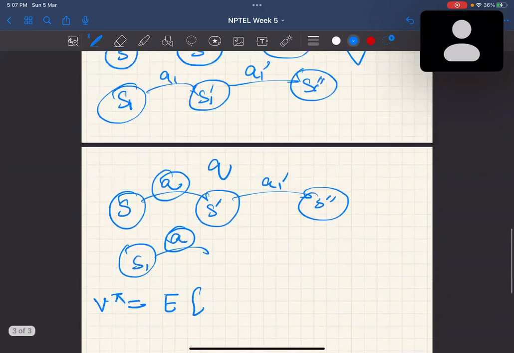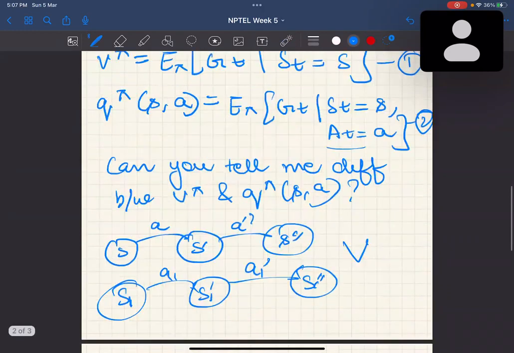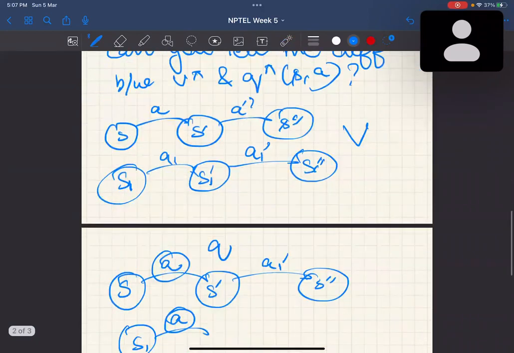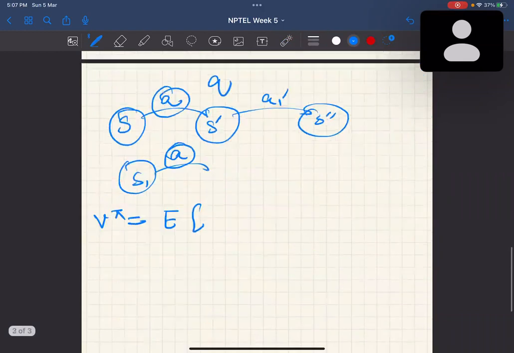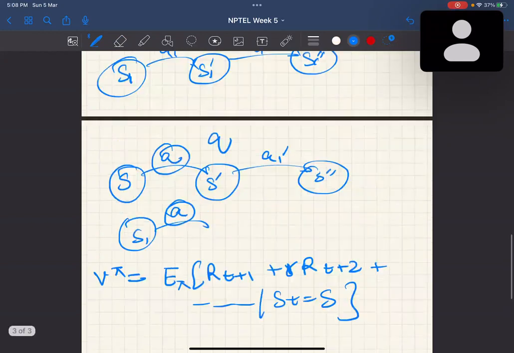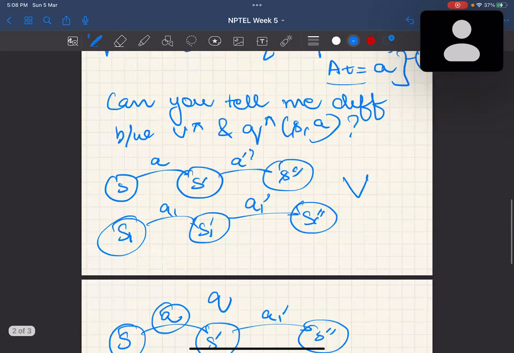V pi is equal to the expectation of GT. We can write GT as this, the expected return only.